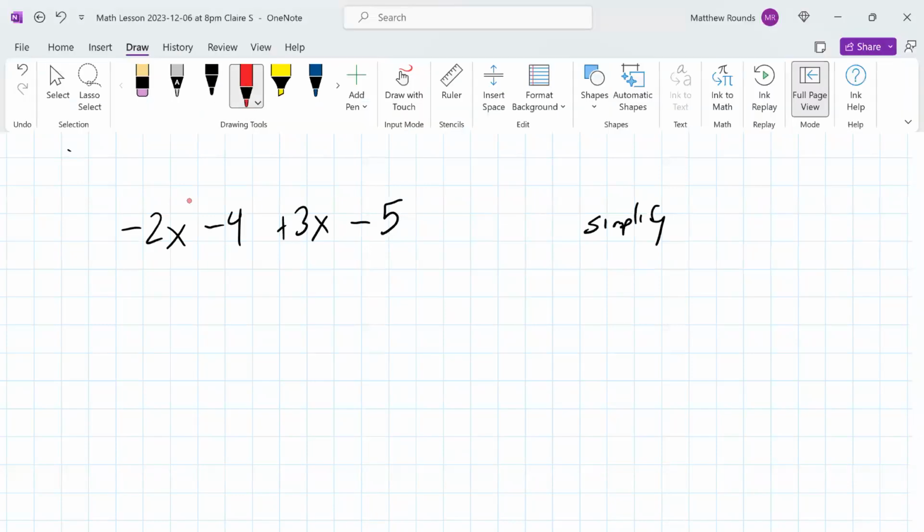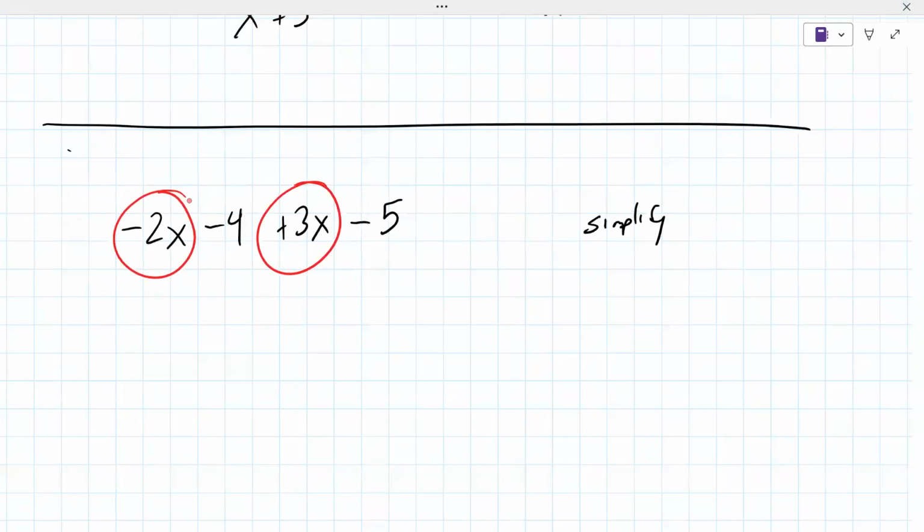So for example here, these are like terms. What do those combine into? Minus 2x plus 3x. -1x. Okay, but the minus 2 isn't further from 0 than the 3. The 3 is further from 0, so it takes on the sign of the answer. Oh, so 1x? 1x, good.